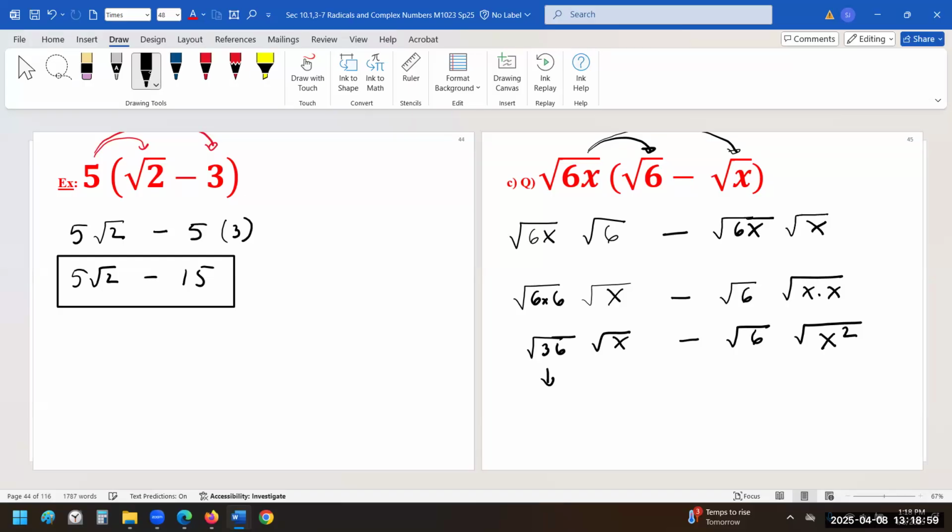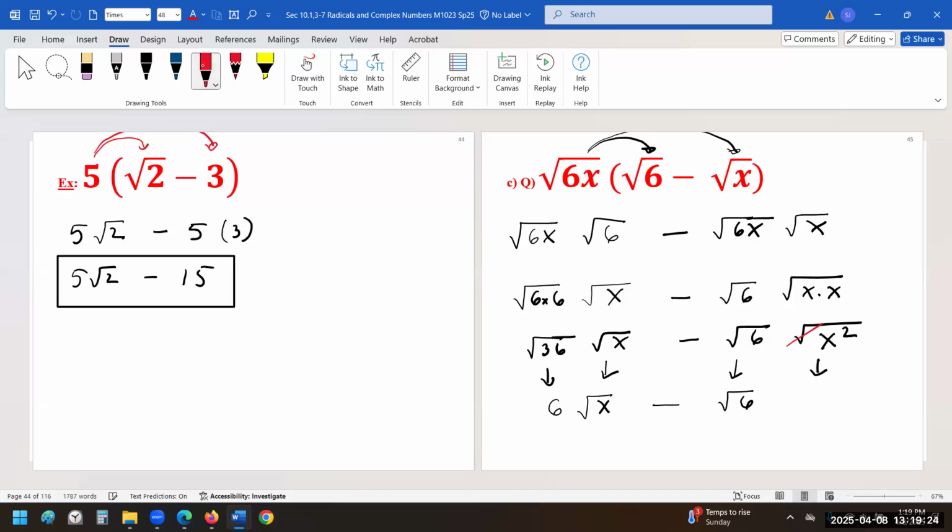Do we know what is square root of 36? 6. Do we know what is square root of x? So we keep it. Do we know what is square root of 6? Keep it. And how about square root of x squared?